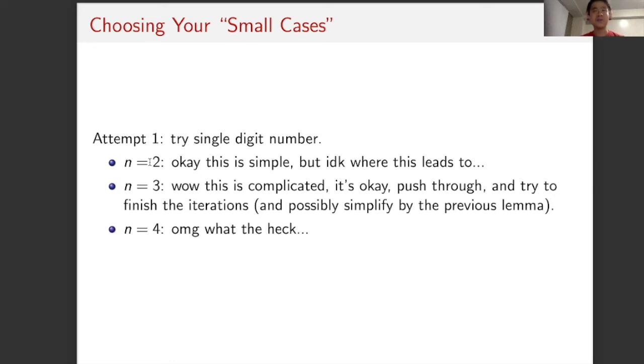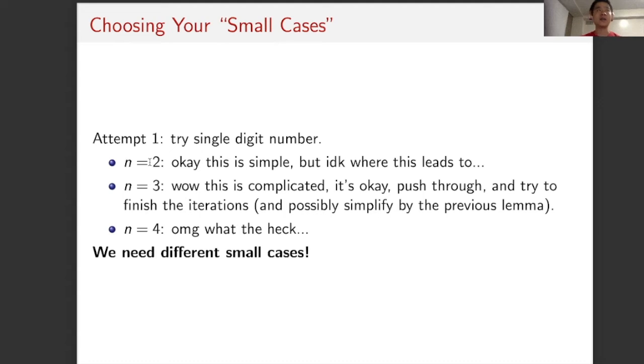Now n equals 4, 10 to the 38 steps. What the heck, man? So all these things just tell us that we need different small cases. And one hint you can get from here is that the complexity maybe doesn't come from the length of the string itself, but from the magnitude of the digits.